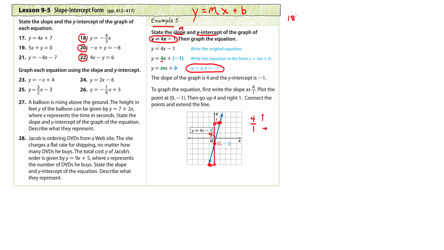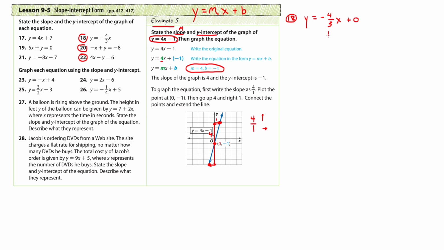The first one, 18, is pretty much what color is a white house, as long as you realize that nothingness can be represented by adding 0. So the equation y equals negative 4/3 x, I can think of this as a plus 0 out here. Since there's nothing out there, adding 0 is equivalent to not adding anything at all.